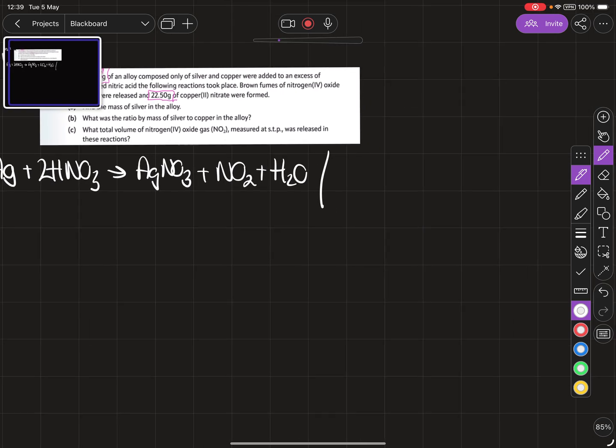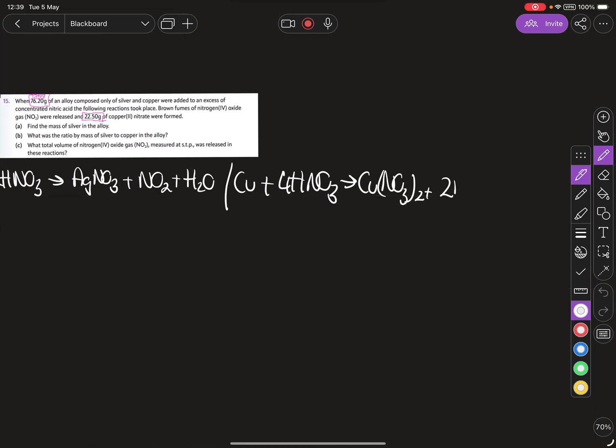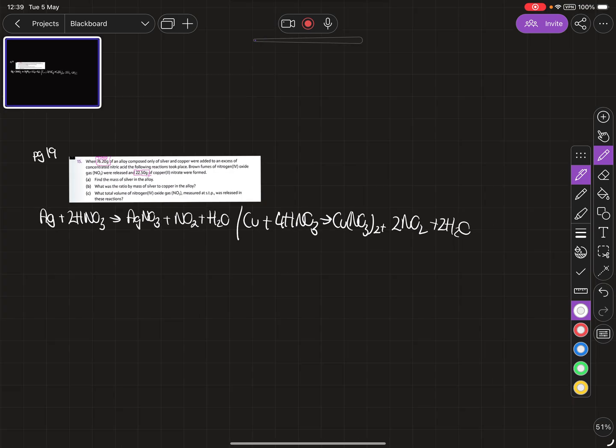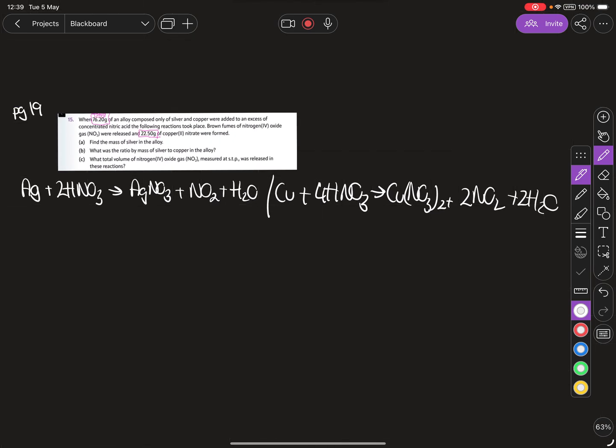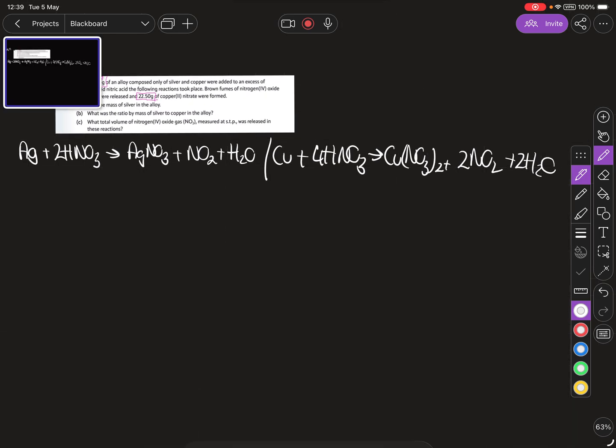And we also have copper plus nitric acid goes to copper nitrate plus nitrogen dioxide plus water.